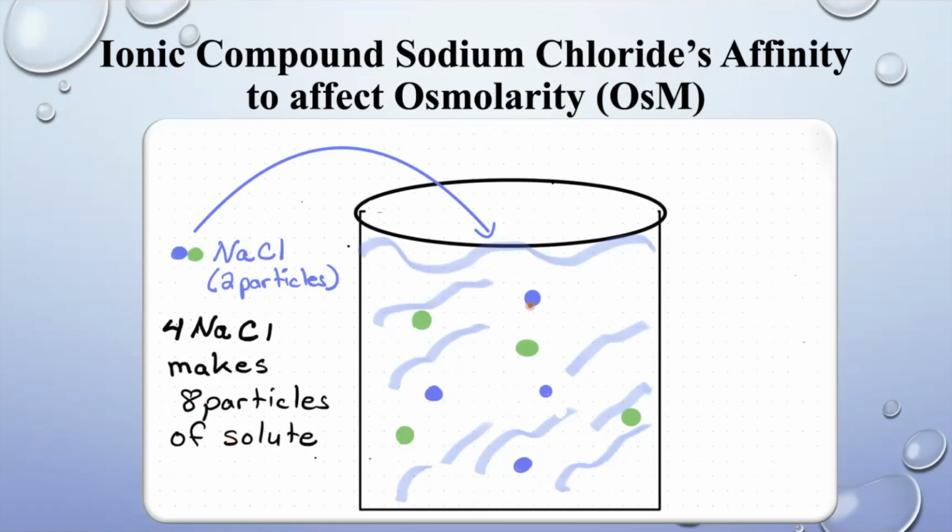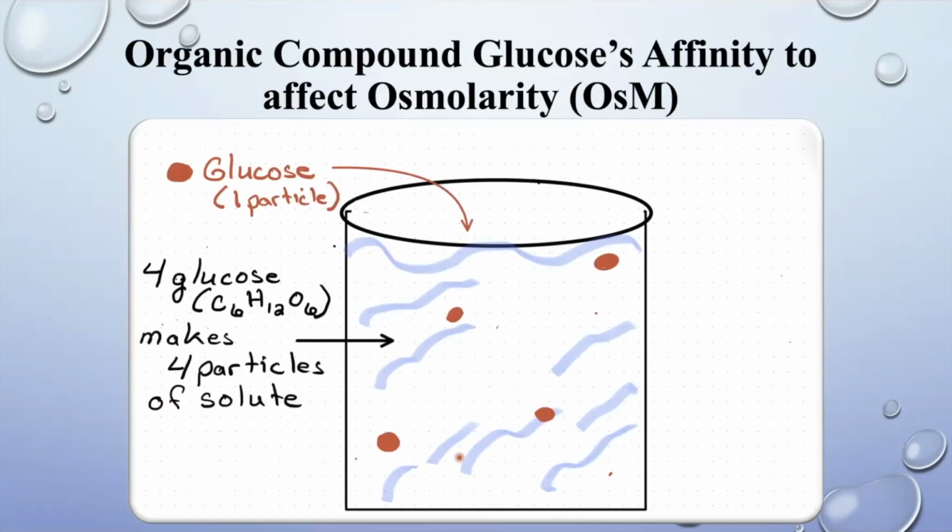This would have been one of them, 2, 3, and 4. But because they break apart, this essentially makes 8 particles in solution. So this is going to have a greater affinity to pull on water. And so this is going to make the solution more hypertonic when compared to the glucose solution.